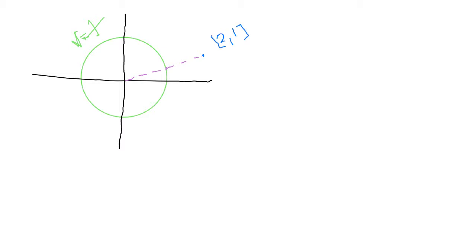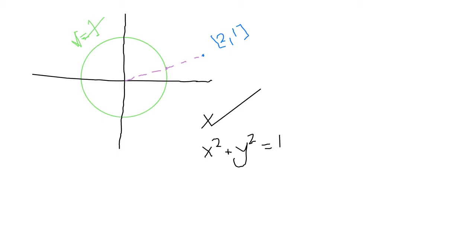The first thing is that it is on this circle, which means that its x square plus its y square is equal to 1. Is it clear why? Because it is on the unit circle.